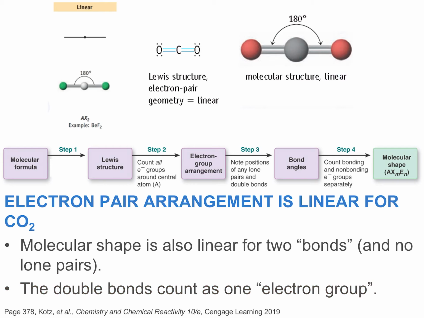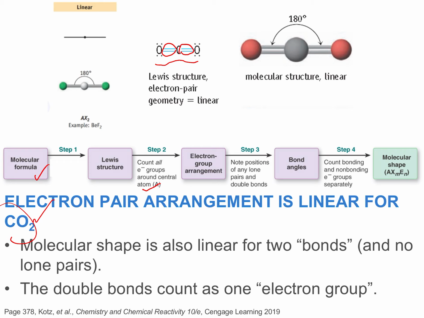Let's do another example. This is for CO2. So we draw the Lewis structure, it is right here. So in the Lewis structure, the carbon has double bonds to oxygen. Okay, so we have the molecular formula, we draw the Lewis structure, and we count all the electron groups around the central atom. Well, even though those are double bonds, it still just counts as 2 groups.